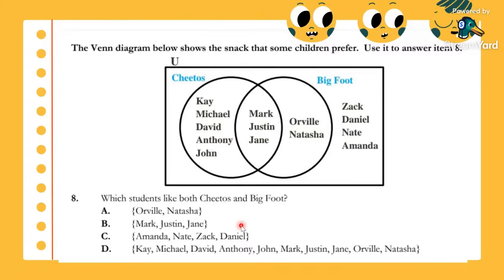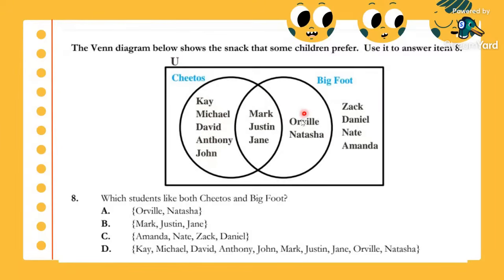Very good. I'm seeing lots of explanations here, and you are right. The middle, where both circles overlap, is the intersection. And the intersection tells us what is common to both sets. So it means that Cheetos have some people who only like Cheetos, like Kay, Michael, David, and Anthony.